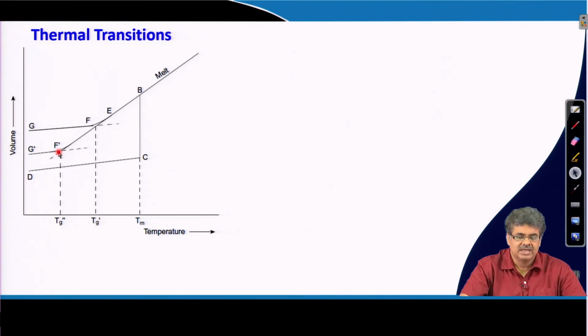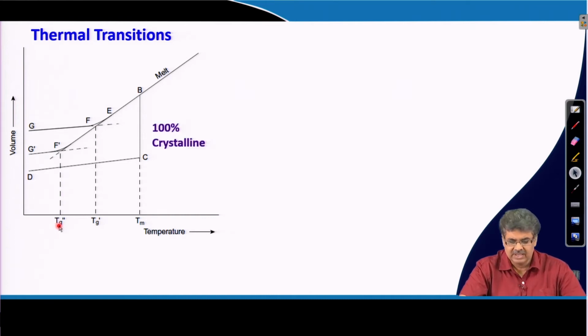Hence, if we do cooling faster, then we get a higher Tg value compared to a cooling where we are doing a much slower rate. There we generally get a lower Tg. So, for 100% crystalline, we get a Tm.